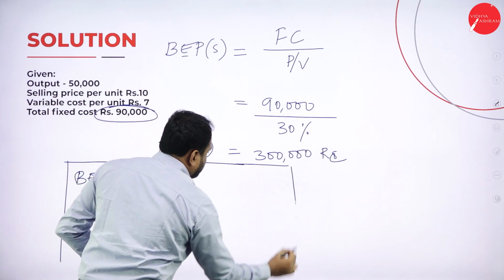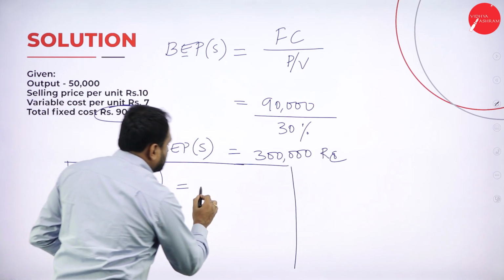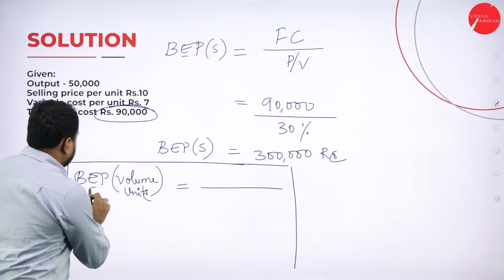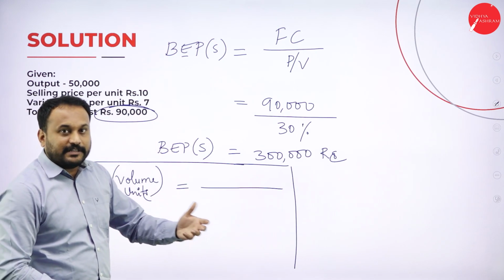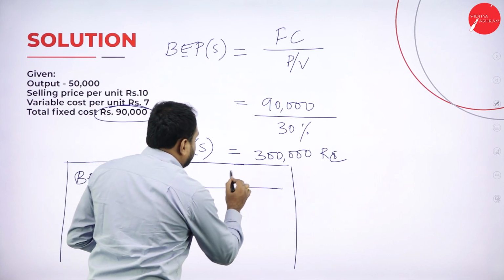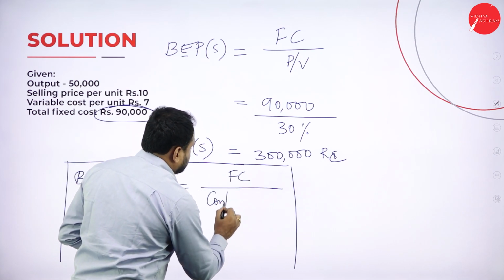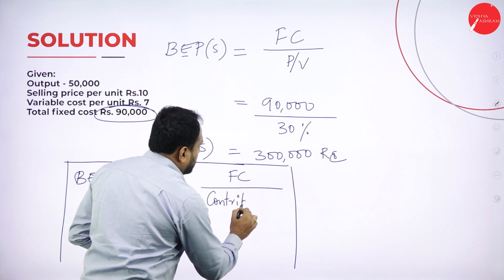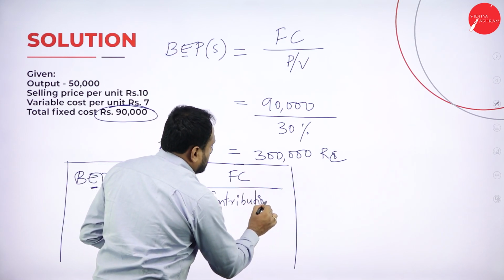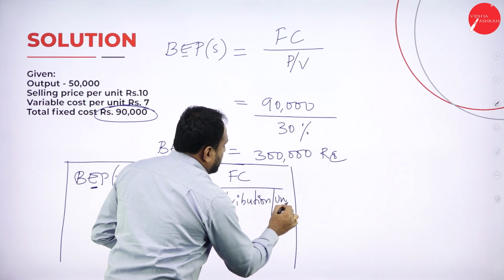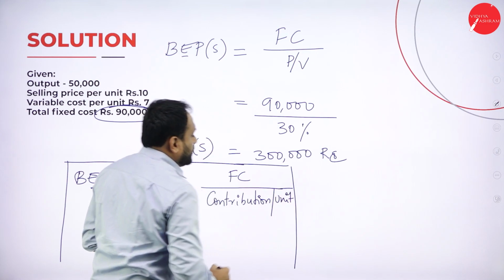Now let's go with this formula. After E what will come? F, in the sense fixed cost. So we'll write here fixed cost divided by contribution per unit.